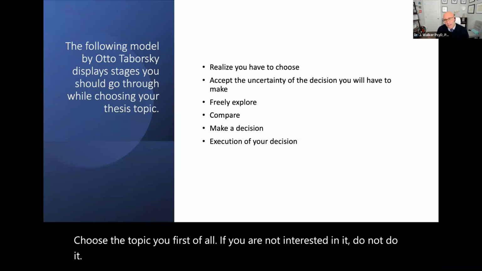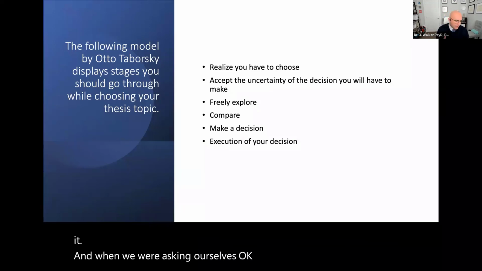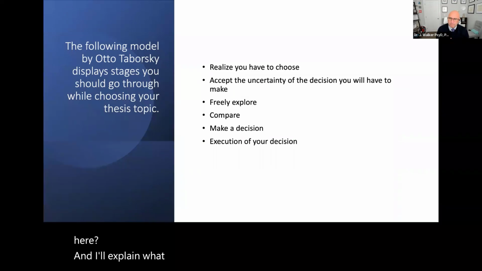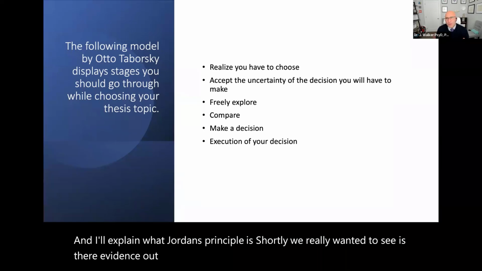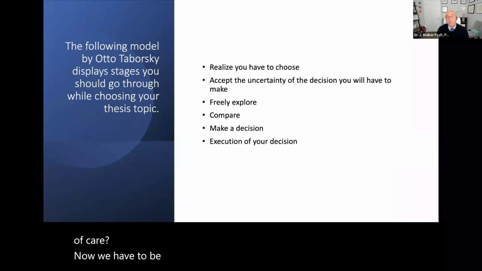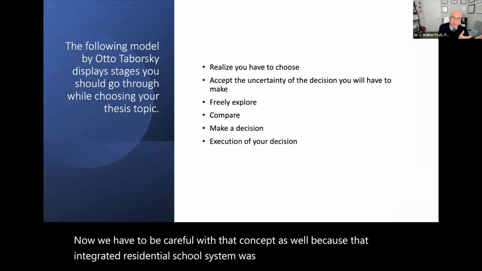And when we were asking ourselves, okay, what do we want to look at here? And I'll explain what Jordan's Principle is shortly. We really wanted to see, is there evidence out there that would support a more integrated system of care? Now we have to be careful with that concept as well, because the integrated residential school system was one of the most tragic, horrific events in Canadian history.